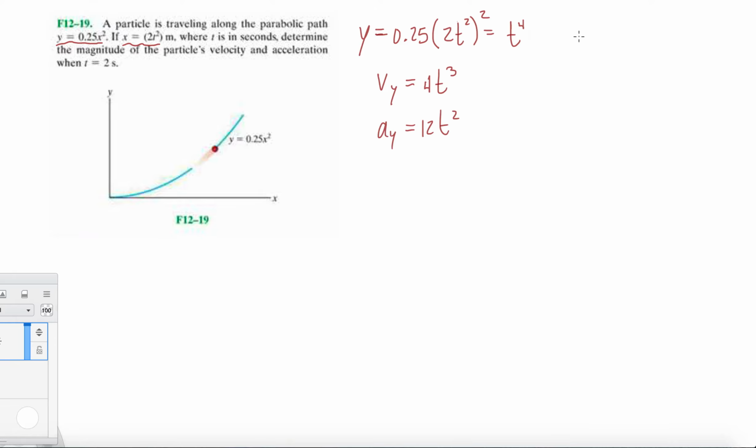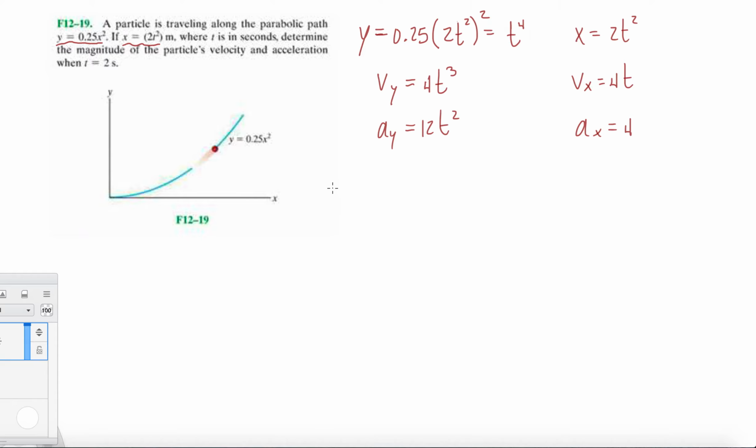All right, in the x direction, let's do that. 2t squared, one time derivative, we get 4t, and one more time derivative, we get 4. Okay, so right here we have all our equations that we're going to need in order to calculate the particle's velocity and acceleration when t equals 2 seconds.